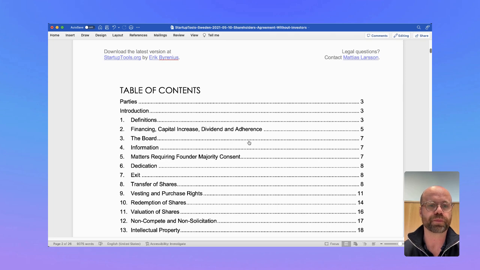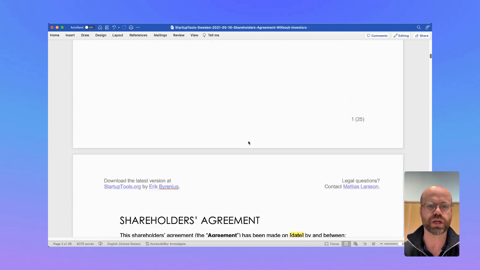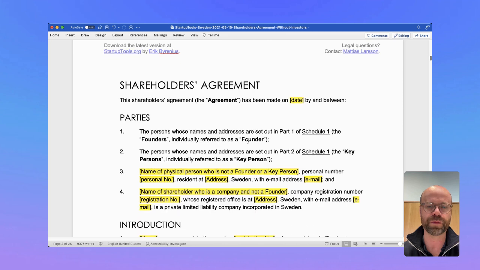So, just to walk through briefly, what does a shareholders agreement contain? Well, you have a bunch of parties, so basically the shareholders, and you have a list of shareholders who are signing or supposed to sign the agreement.